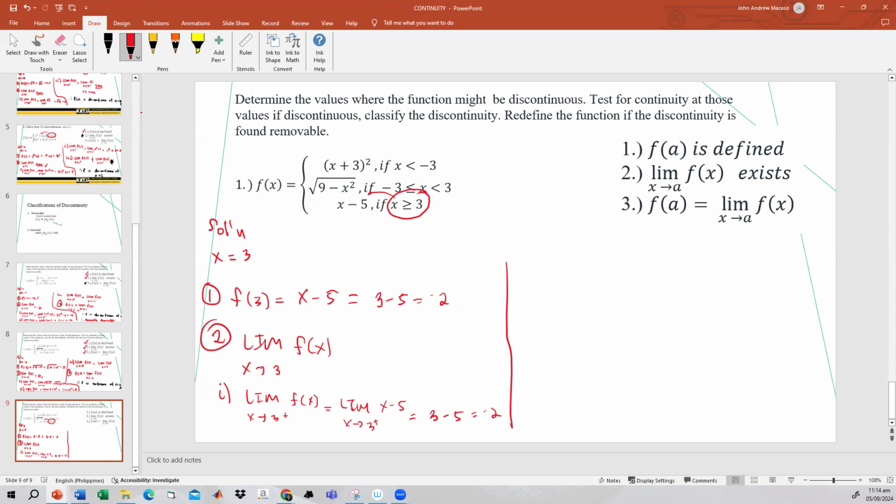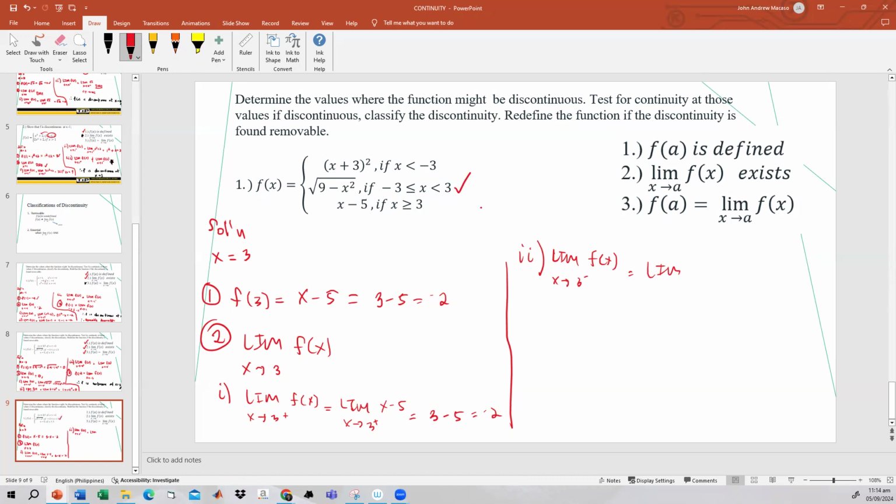Okay, but how about if you're asked now to get the left side limit? For the left side limit, that's the limit of f of x as x approaches 3 from the left. So where does 3 from the left fall? This will fall on the second function, right?